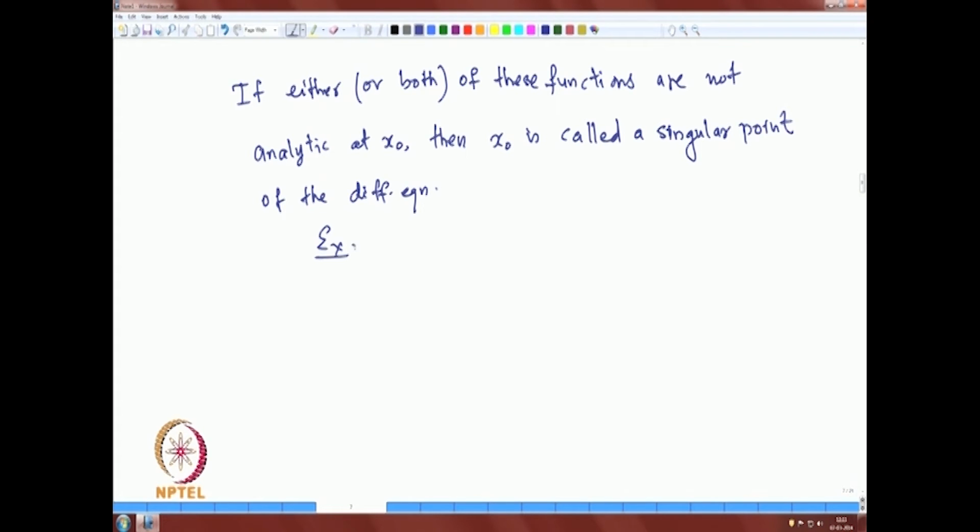Quickly, let us look into an example. y double prime plus x y prime plus (x square plus 2) y is equal to 0. So, here p1(x) is just x and p2(x) is x square plus 2.